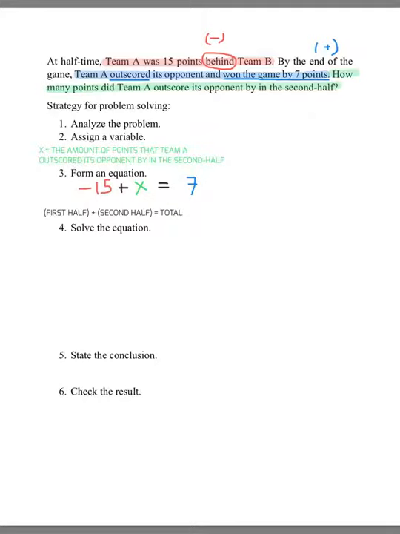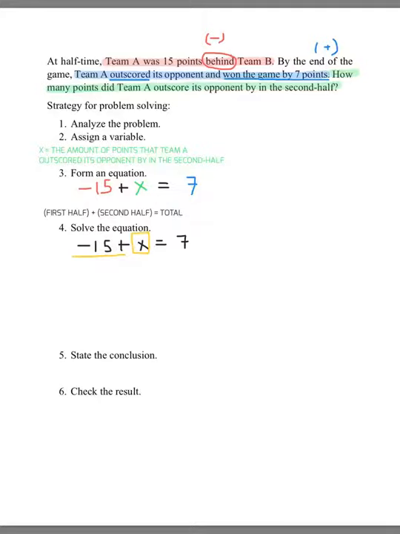The first step when solving the equation is to bring down the original equation found in step 3. And when solving, you want to get the x variable completely by itself. The problem right now is that we're adding a negative 15 to x. So we want to get rid of this negative 15.